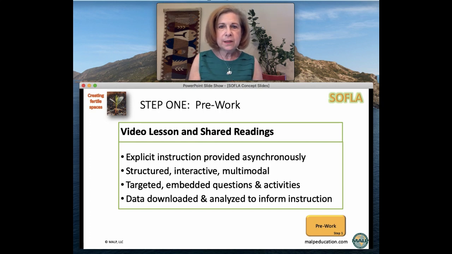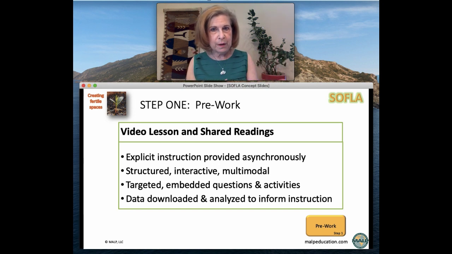And I think this ties in with Julie Schell's retrieval practice, where she talks about the importance of not just looking and staring and memorizing, okay, structured, interactive, multimodal, but rather having the opportunity to step away for a second and see if you can retrieve it. So pop out with an embedded question.